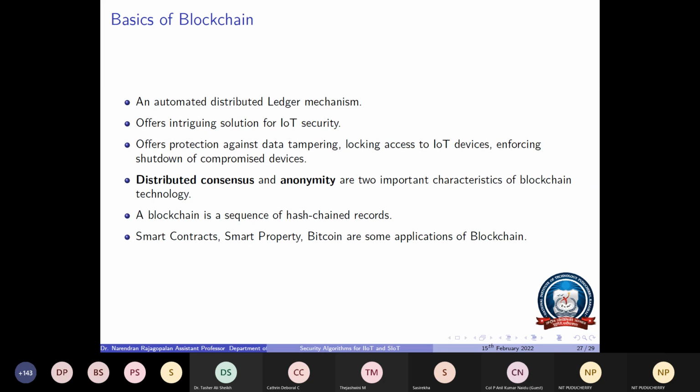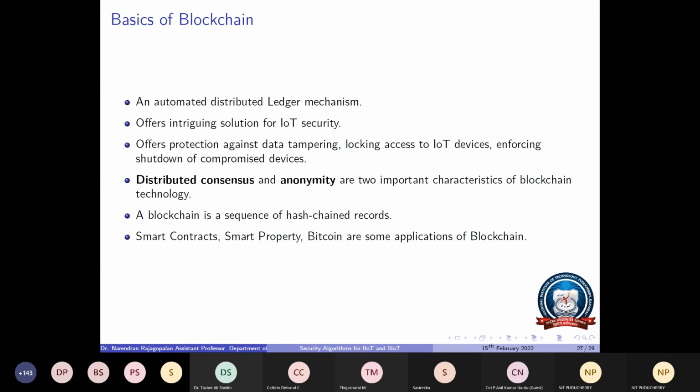Blockchain is based upon distributed consensus and anonymity characteristics. It is a sequence of hashed chain records. This has found widespread use in smart contracts and smart property. The only limitation of a blockchain being used in the IoT scenario is the amount of computation that the blockchain demands.